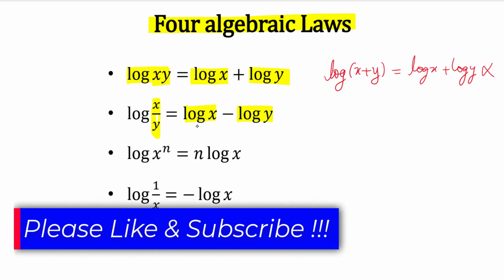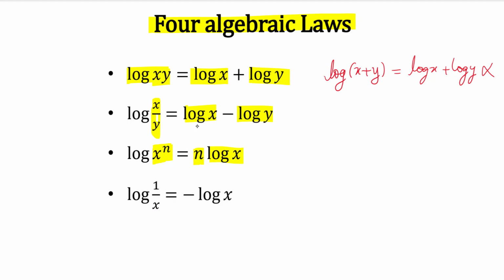Log of x to the power n, the power n will come in the multiplication, and then we are left with log x. Log of 1 over x is minus log x, and we can see this is actually the use of the second property. We can rewrite this as log of 1 minus log of x, and we have seen the property that log of 1 with any base is 0.